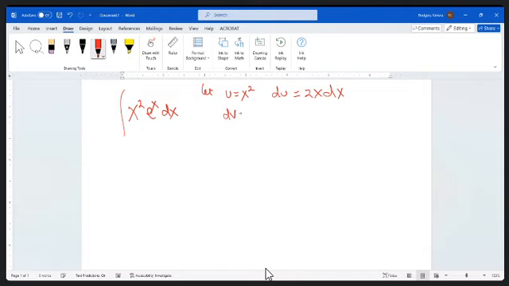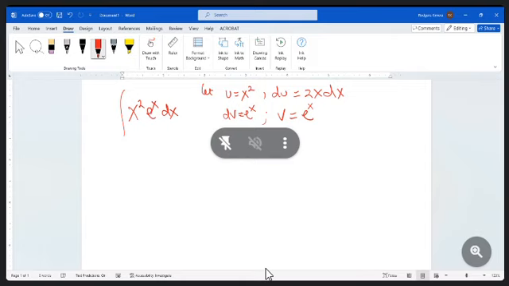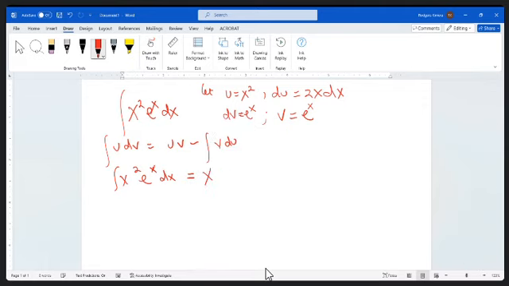Then that means my dv is going to be e^x dx. This implies that my v is e^x. Are we together? Yes, sir. Remember, we are saying the integral of u dv equals uv minus the integral of v du. The integral of x squared e^x dx equals uv, my u is this, my v is this, minus the integral of v du, which is this, correct?